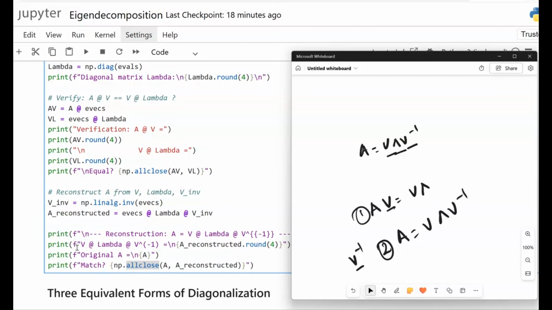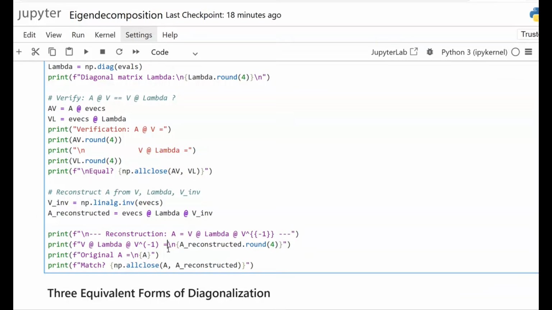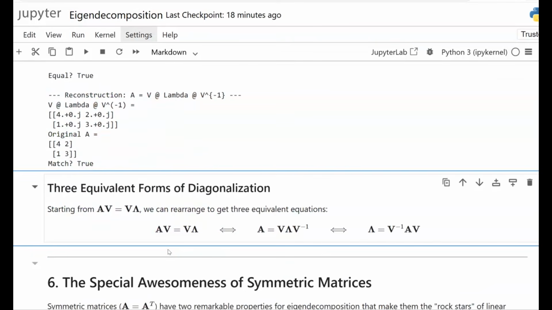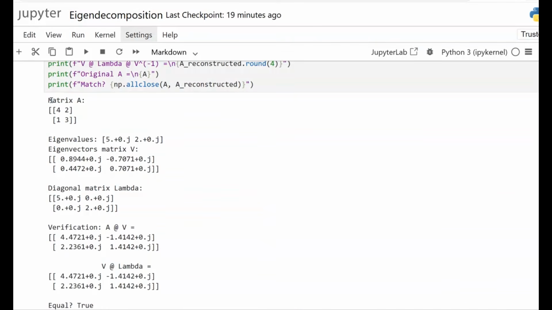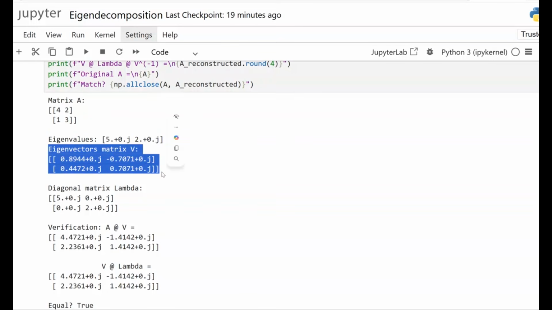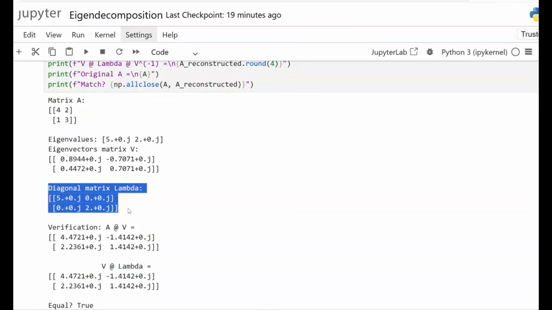So let me execute and view the output. Kindly observe, dear friends, this is our matrix A, and here we identify the eigenvalues. Then we have the eigenvectors V, and combining them we get the diagonal matrix lambda.